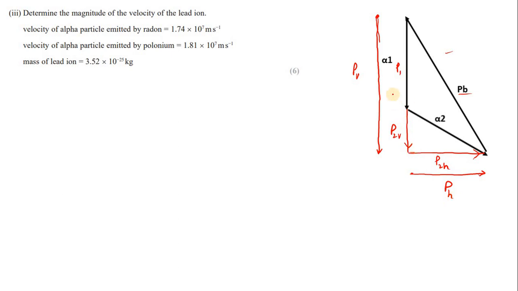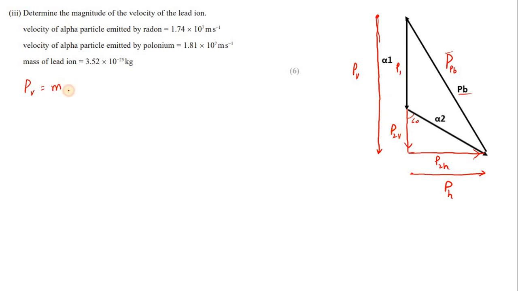If you add P1 and P2V together, you have PV, and P2H will be equal to PH, and we can use Pythagoras theorem for PV and PH to find the momentum of lead. So first I'm going to add P1 and P2V to find PV. Remember, this angle is 60 degrees.